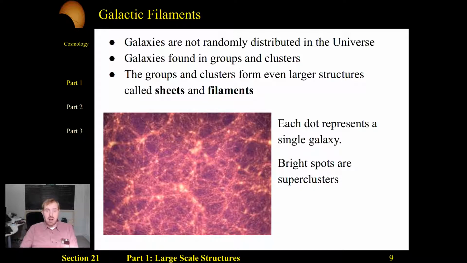The brighter the spot, the larger the galaxy cluster. And so these bands of galaxies are creating what we literally call filaments. The sheets are a bit more broad, but our filaments are the lines you're seeing of bands of galaxy clusters together.